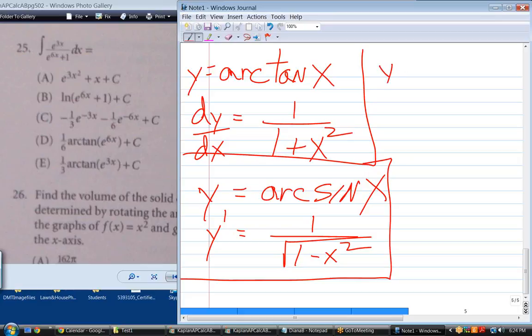And the third one, and you only have to memorize these three because the others are just the negative of these. Just like when you take the derivative of the cofunction, it's always the cofunction with a negative sign on it. Well, hold on, it's arcsecant, that's the third one.